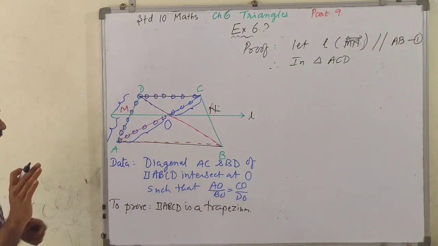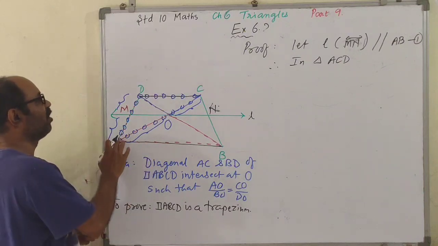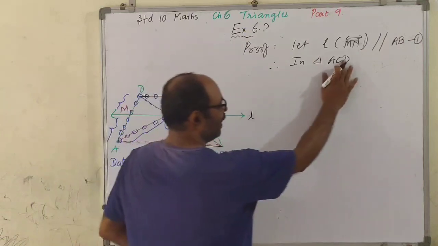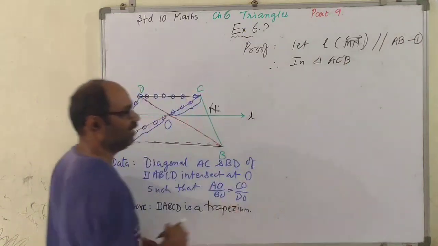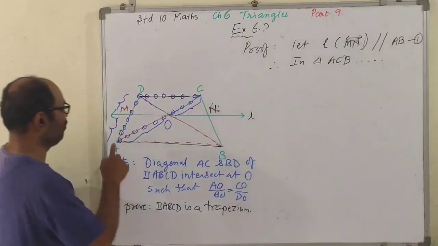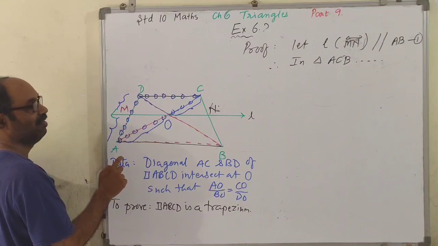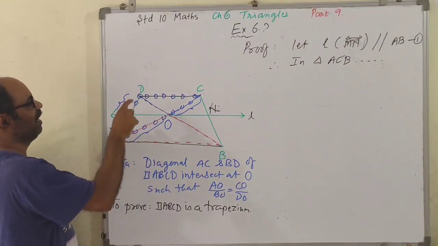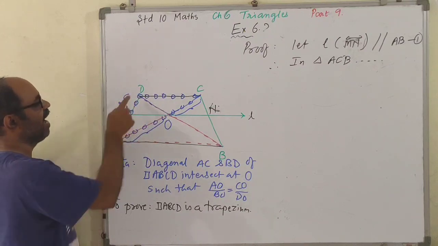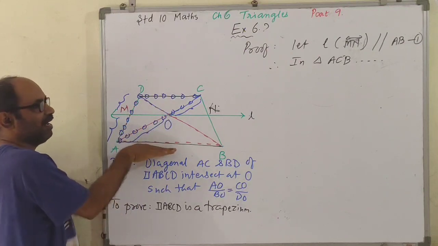Well, children, I made a mistake. It is parallel to AB, so I picked up the wrong triangle. Not ACD, but ABD. In triangle ABD, you have to write that MO intersects AD and BD in points M and O and is parallel to AB.